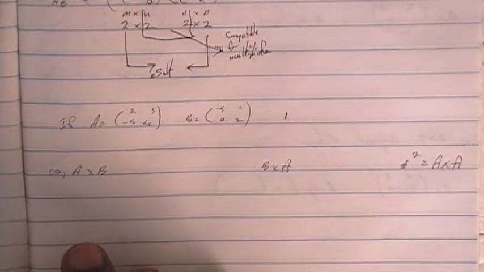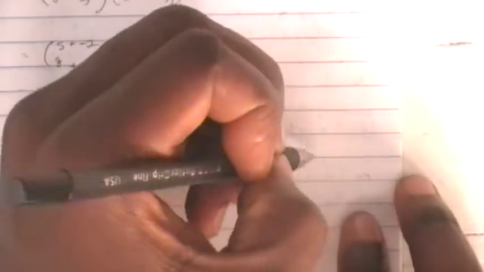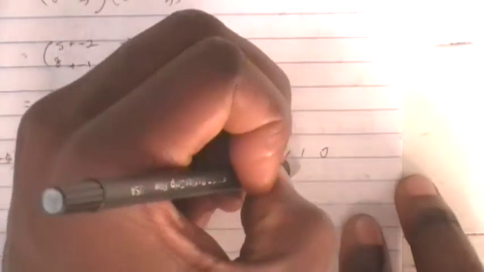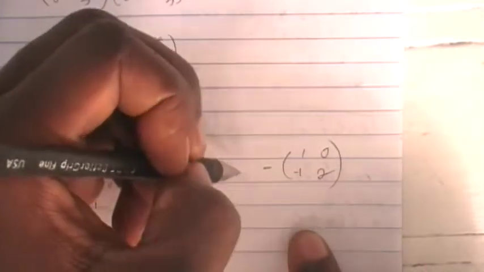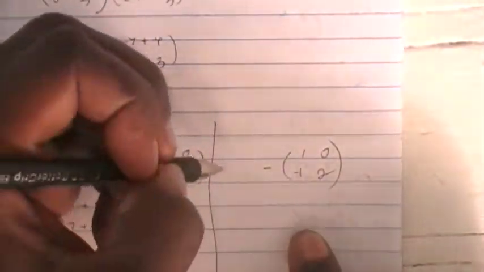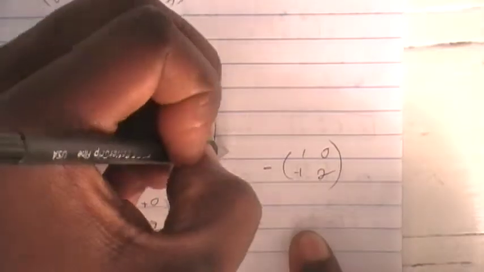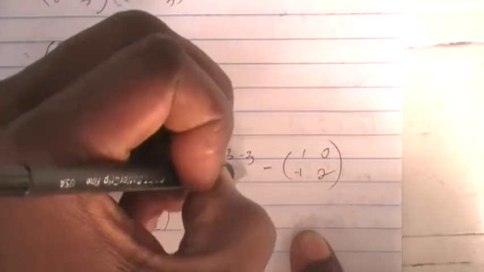Now if there was a subtraction between these two, let me say it was a minus [1, 0; -1, 2]. If there was a minus there, then it would have been, let me do the minus one. Let me just separate them here and put the result here. 3 minus 3, we have 7 and 6.